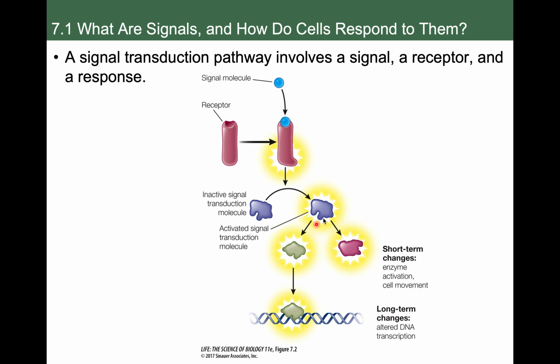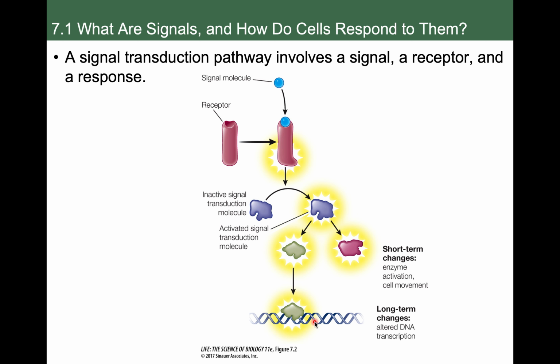And then it may pass the baton on to more downstream runners, and so on, until eventually we cause some physiological change in that cell. There are different things that may happen, but one common event being depicted here is that this signaling pathway is going to lead to the nucleus, and we're going to alter the transcription of certain genes.